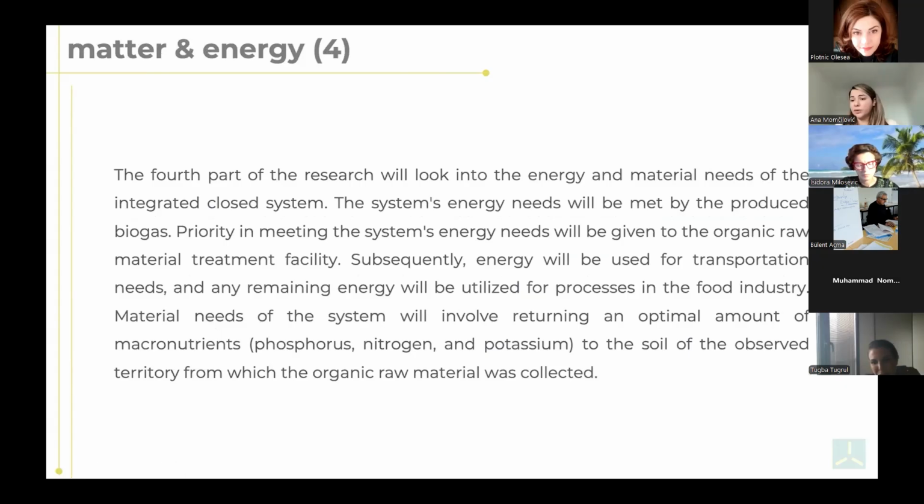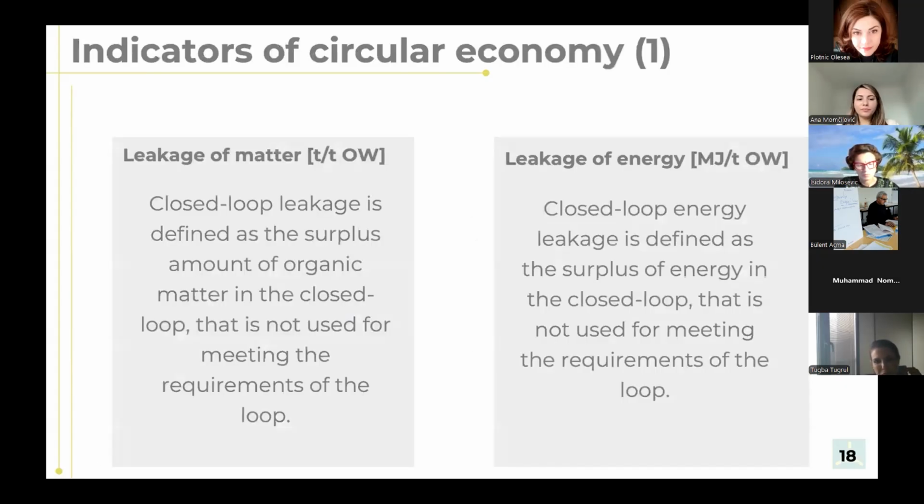The fourth part was energy and matter balance. For this research, we developed 5 indicators of circular economy, just so we can track the efficiency of circular economy in the closed loop.